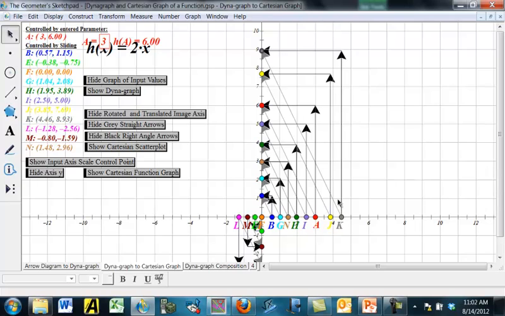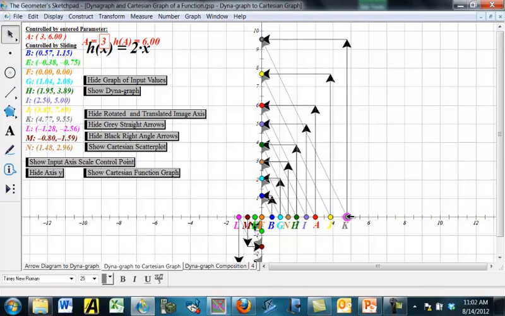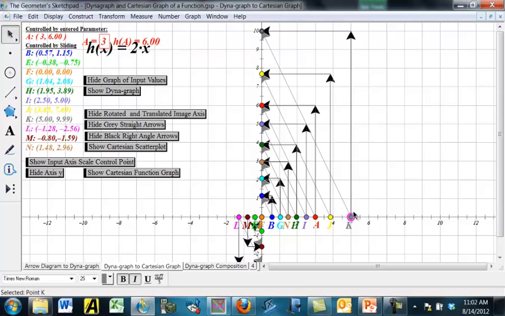So for example, this arrow from the gray point to the gray image here, from this one here, let's put it at, let's see if I can get it right at 5 or close to it. Yeah, there's at 5 or very close. And then twice that would be at 10 here. So we can go from input to output here, but I can also think of that as going straight up and straight across.